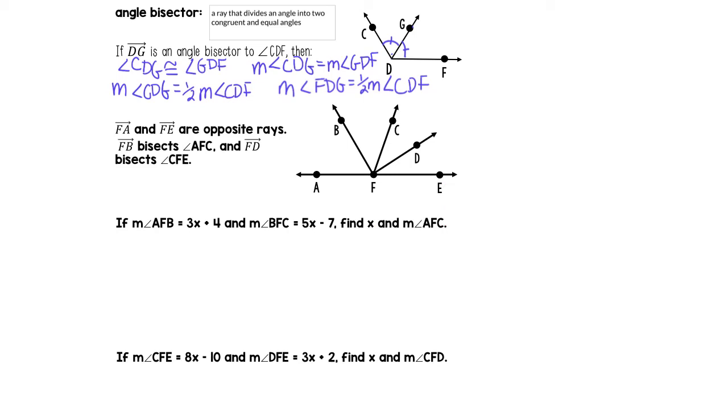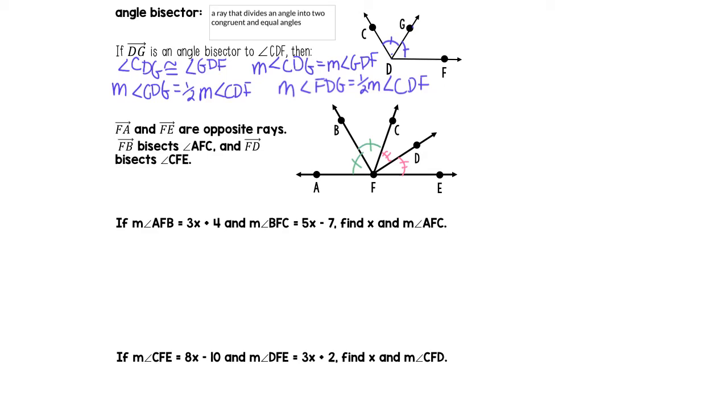That's telling us, let's make some notes here, that AFB and BFC are equivalent. That's also telling us that CFD and DFE are equivalent, hence the little 2 hash marks. So now we're going to use that information to solve these problems.